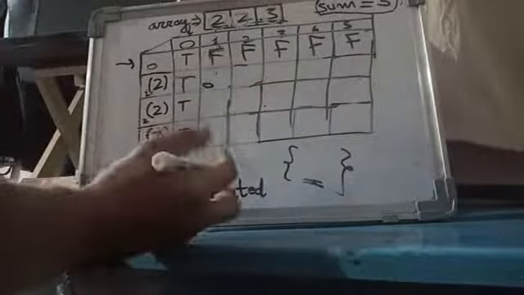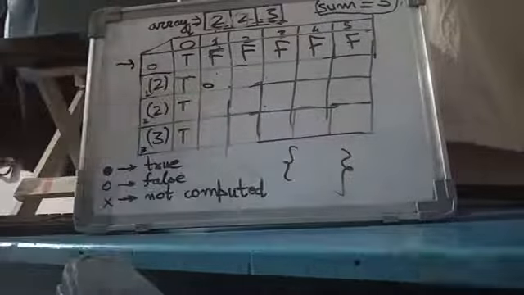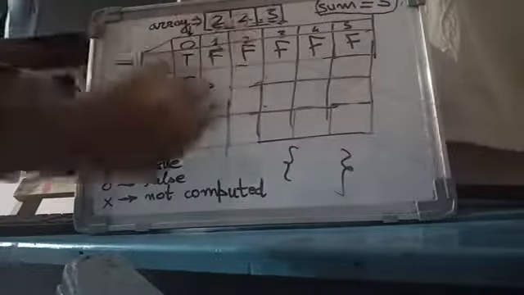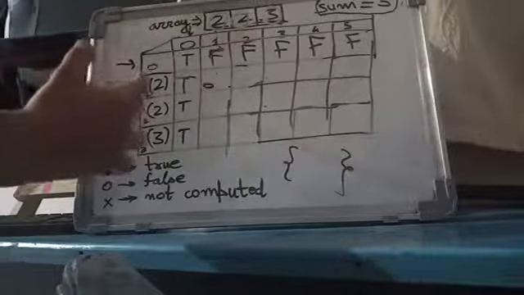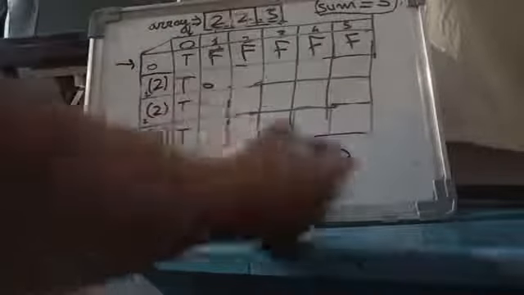And also I have to check, if I include 2 in my subarray, then whether it can give me sum 1. How could I check that? By subtracting 2 from it, right? No, sorry. By checking if the required sum is less than the element I'm doing the calculation for.